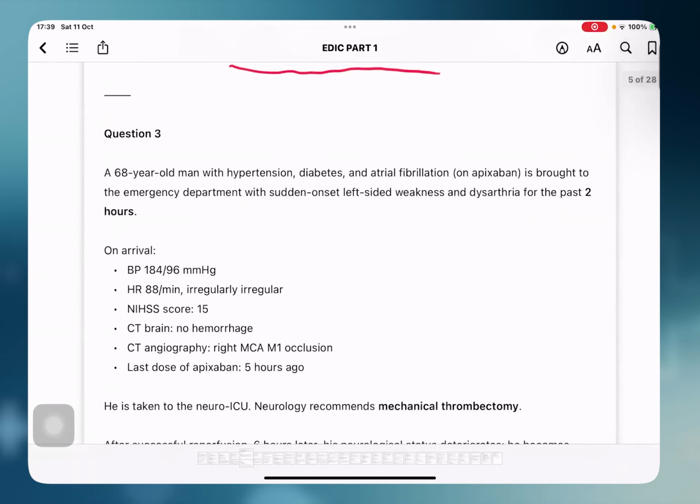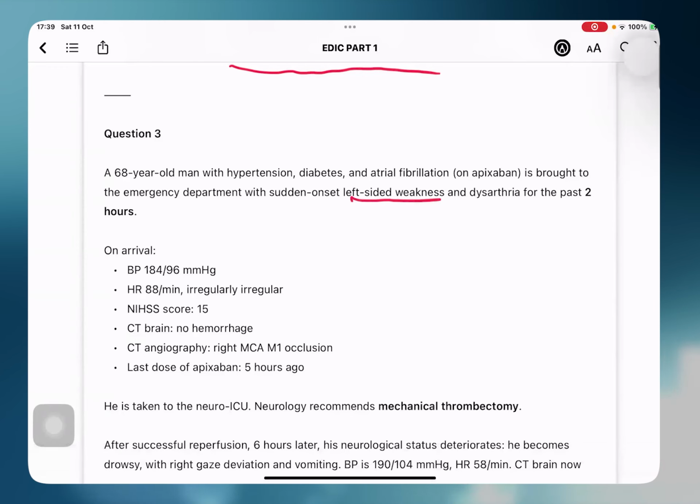Now let's move on to the third question. A 68-year-old man with hypertension, diabetes, atrial fibrillation is brought to the emergency department with sudden onset left-sided weakness and dysarthria for the past 2 hours. On arrival, blood pressure is 184 by 96, heart rate is 88, irregularly irregular atrial fibrillation.